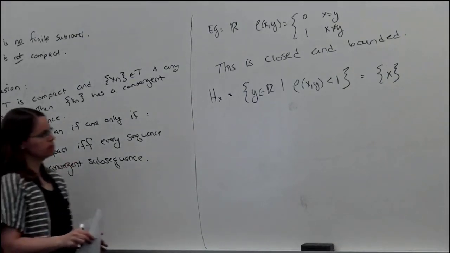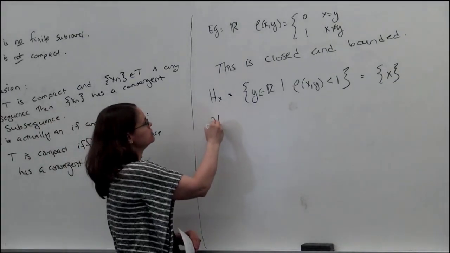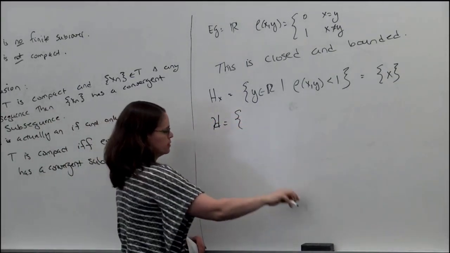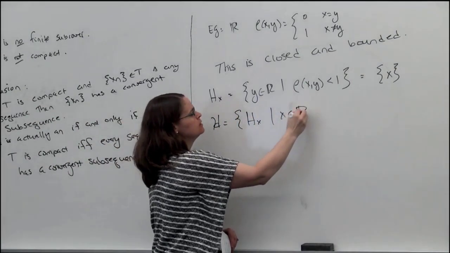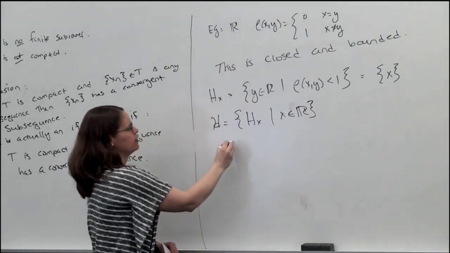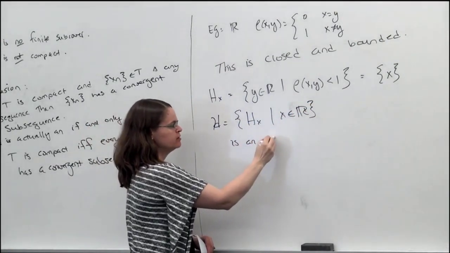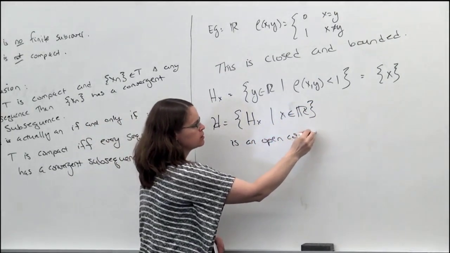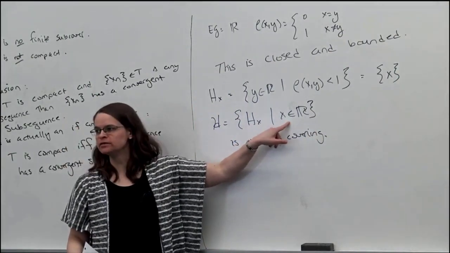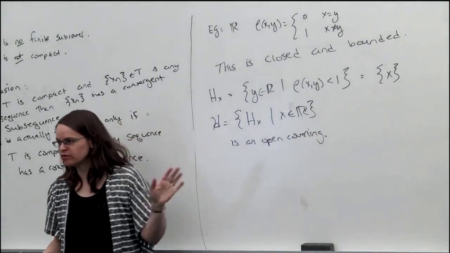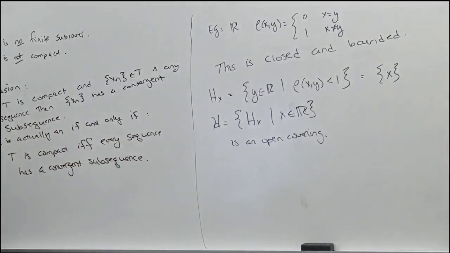So I could create a cover like this, the set of all of these Hx's. And this is an open covering. Another example where I have one ball around each point. Every point is covered, so this is an open covering.